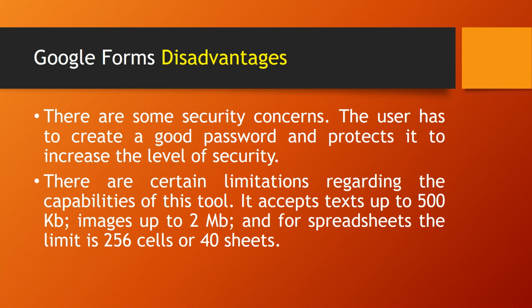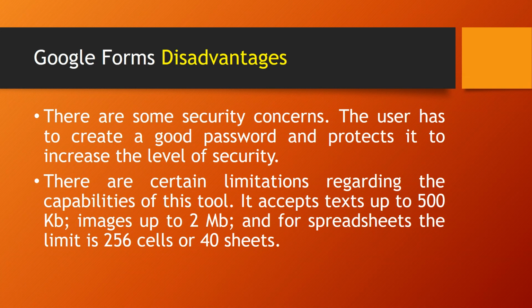So there are certain limitations regarding the capabilities of Google Forms. It accepts text up to 500 KB. So anything greater than 500 kilobytes is not going to be accepted. It also accepts images up to 2 MB, that is 2 megabytes. So any image that is greater than 2 MB, it's not going to accept it.